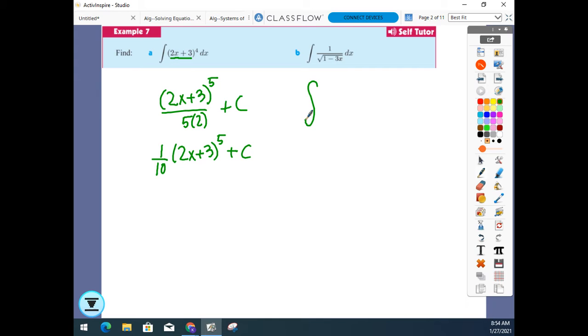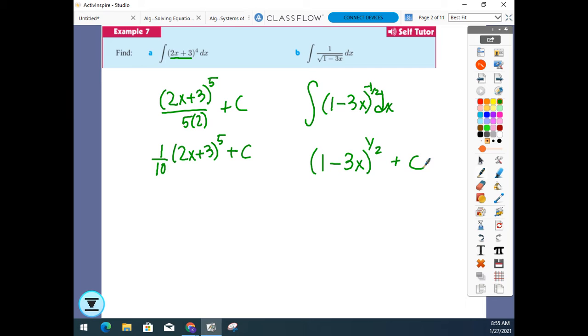All right, this one's a little tricky. First, I'm going to rewrite the inside as a power: 1 minus 3x. So this is positive 1/2 in the denominator, so move it up top, and it's negative 1/2. So I'm going to add 1 to negative 1/2 to get positive 1/2.